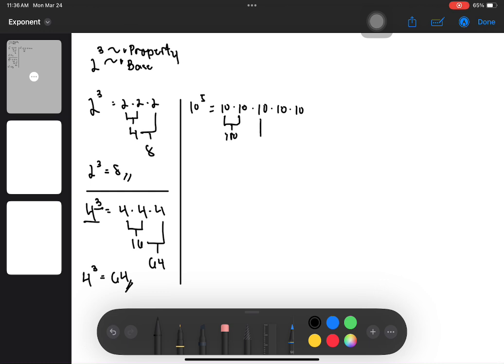And 100 multiplied by 10 is going to be 1000. Next, it's going to be 1000 multiplied by 10 again, which is 10,000. And last is going to be the fifth ten, so it's 10 multiplied by 10,000, which is 100,000. Therefore, 10 raised to the fifth power equals 100,000.